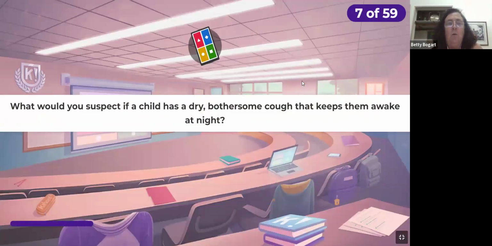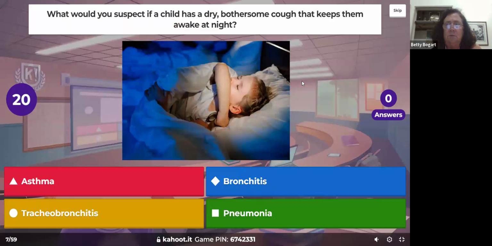What would you suspect if a child had a dry, bothersome cough that keeps them awake at night? This is the one that we're going to treat with some cough medicine.